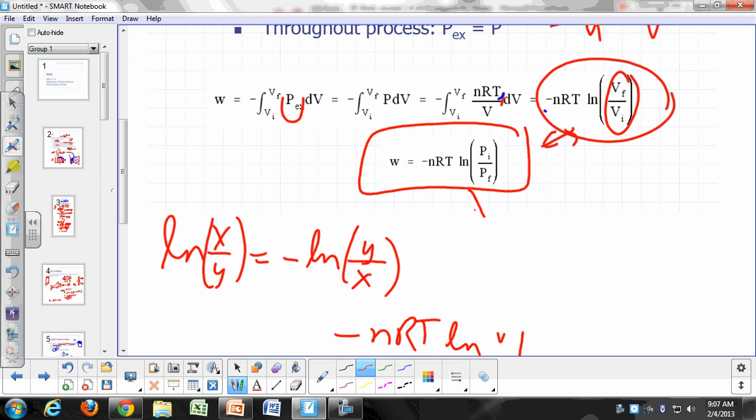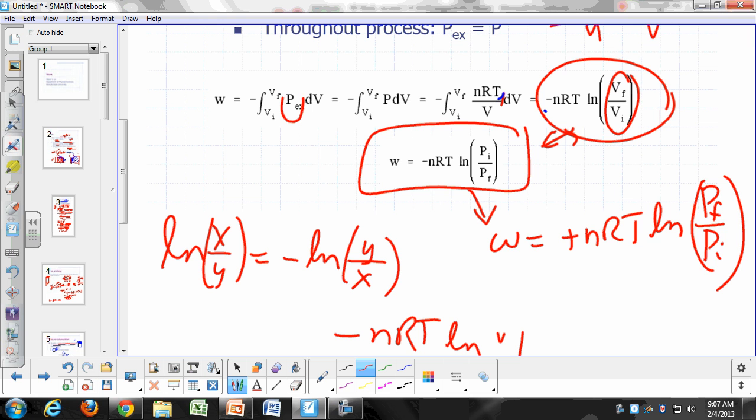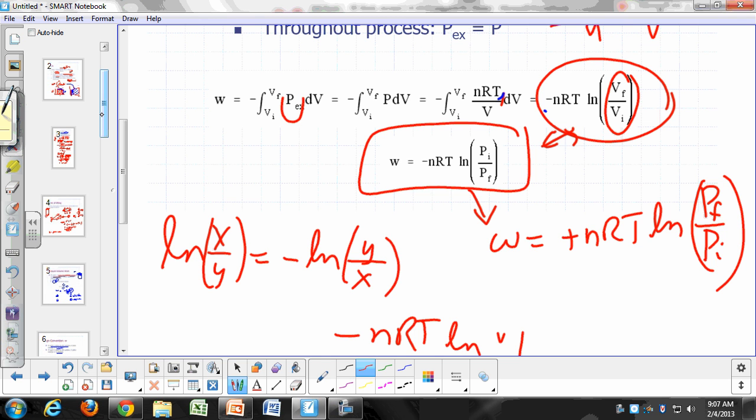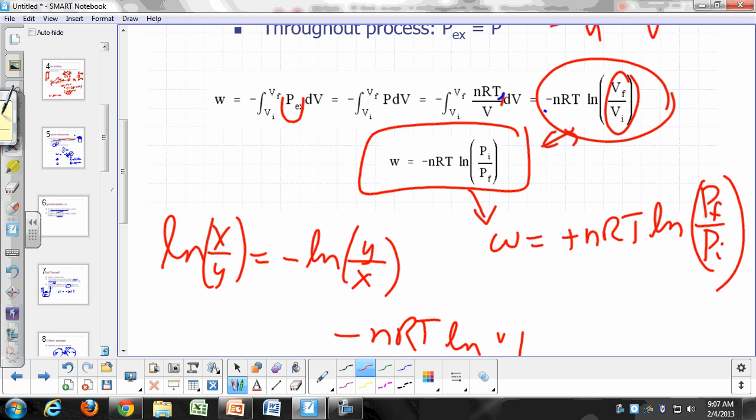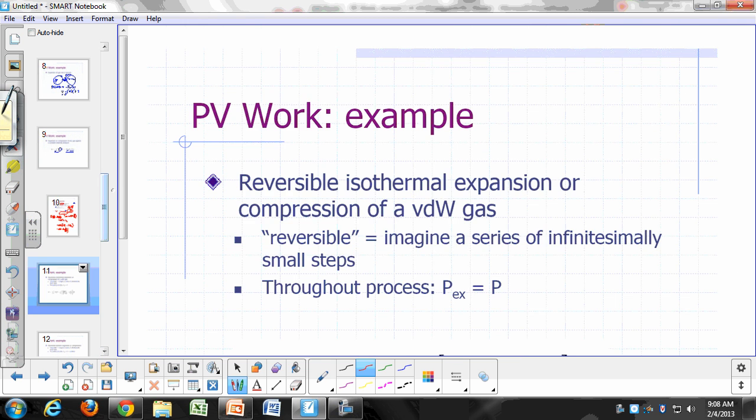So I can also rewrite this as positive nRT ln Pf over Pi. Now to avoid confusion, it's best that you just remember one of these formulas, and then you should be able to derive all the others. So that's the work due to a reversible isothermal expansion of an ideal gas.